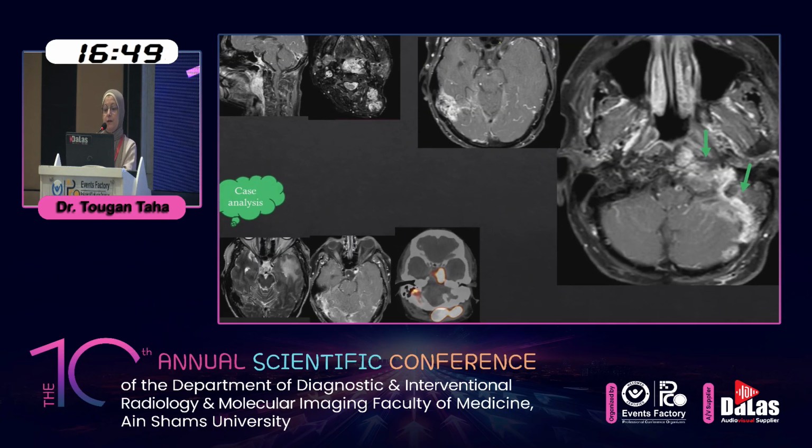Here is the left jugular paraganglioma extending to the sigmoid sinus, displaying the same enhancement. Adjacent to it, there is left cerebellar leptomeningeal enhancement.